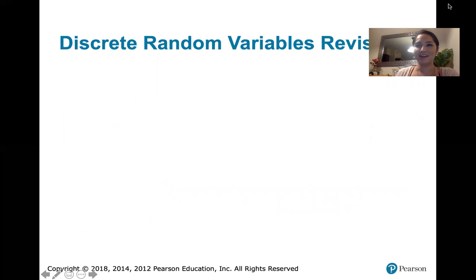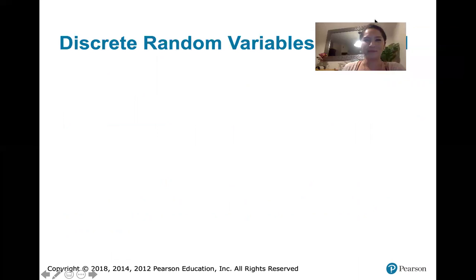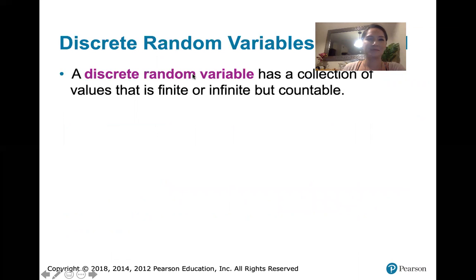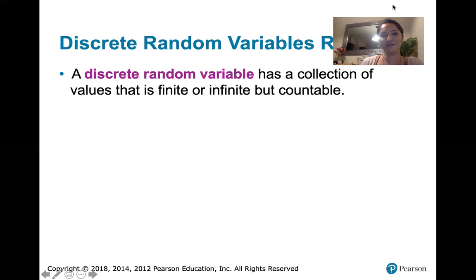Before we get started, let's revisit the definitions of discrete random variables and continuous random variables. A discrete random variable has a collection of values that is finite or infinite but countable.